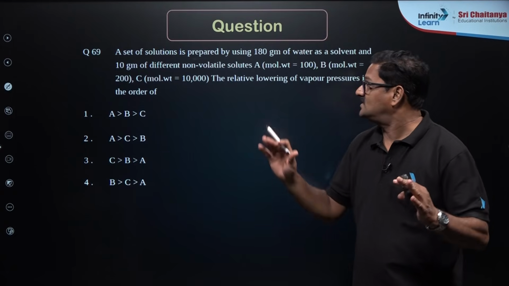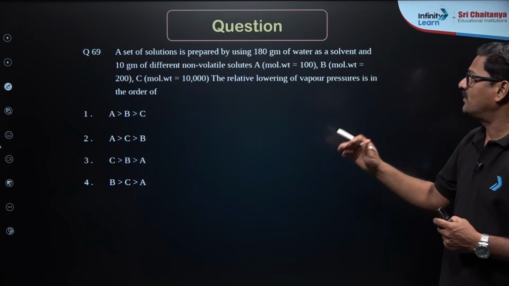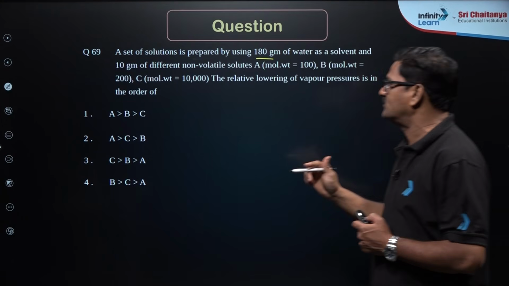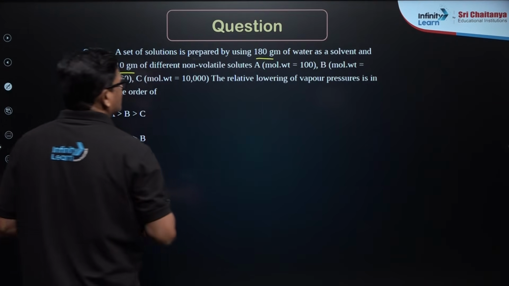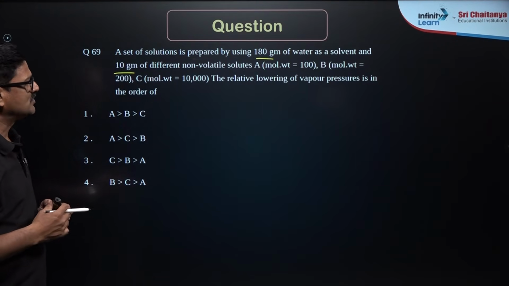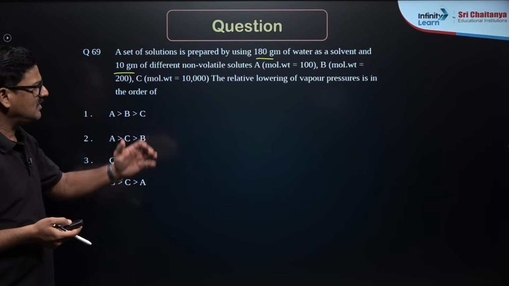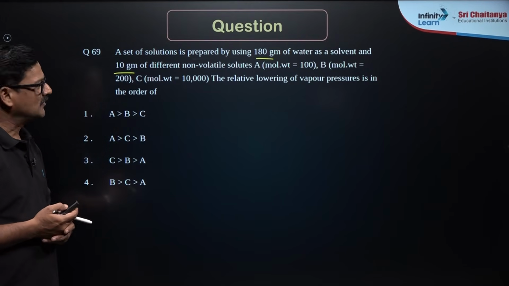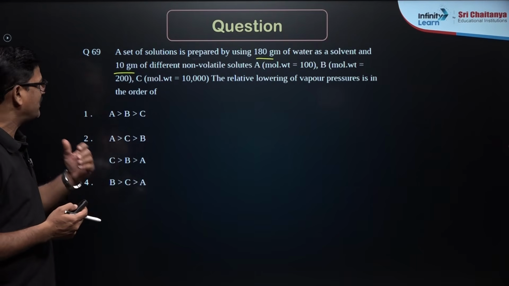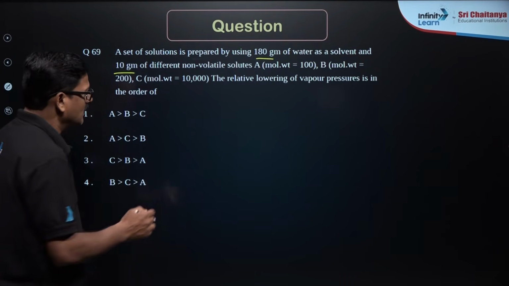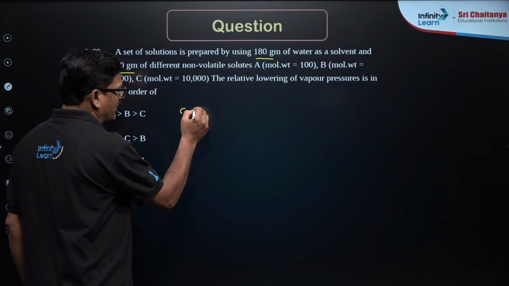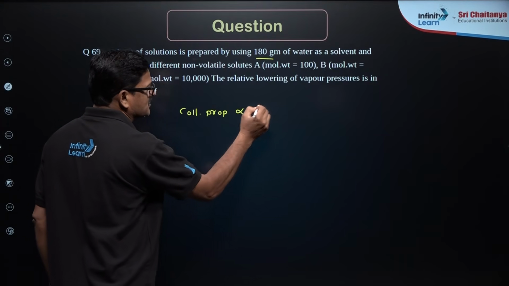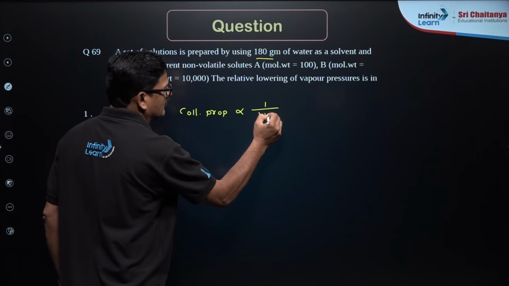Here it is a set of solutions prepared by using 180 grams of water as a solvent and 10 grams of different non-volatile solutes, A with molecular weight 100, B with 200, C with 10,000. So the relative lowering of vapor pressure is in the order of... any colligative property is inversely proportional to its molecular weight.